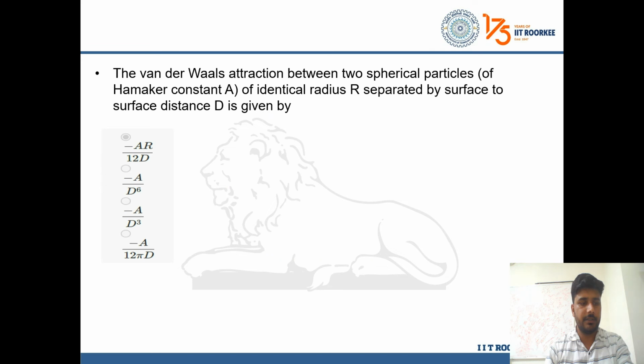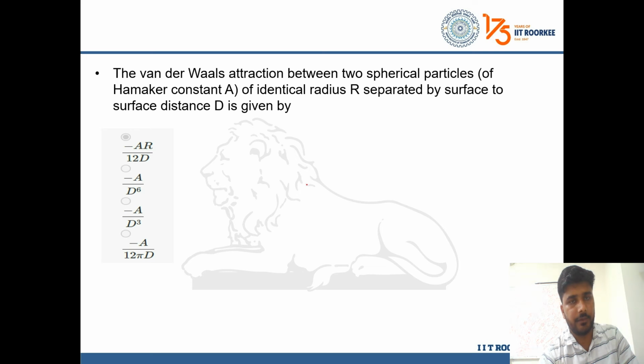So this is the next problem: the van der Waals interaction between two spherical particles of identical radius separated by a surface distance. You have to derive the expression for the van der Waals interaction if two spheres have identical radius.